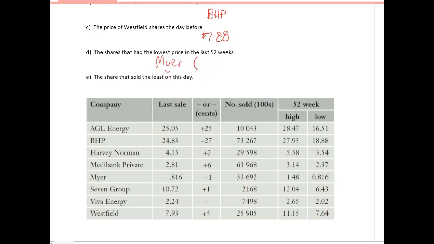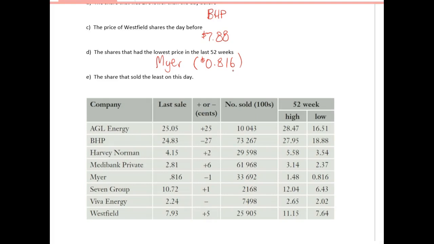And I'll put in brackets here 816. I know we normally round to two decimal places, but if we're trading in shares and we're buying 1,000 or 10,000 or something, then that decimal place has some significance.